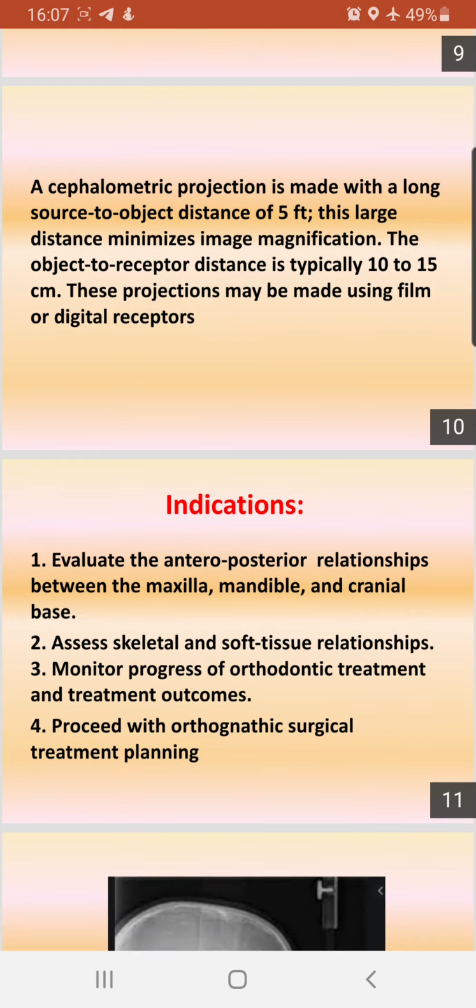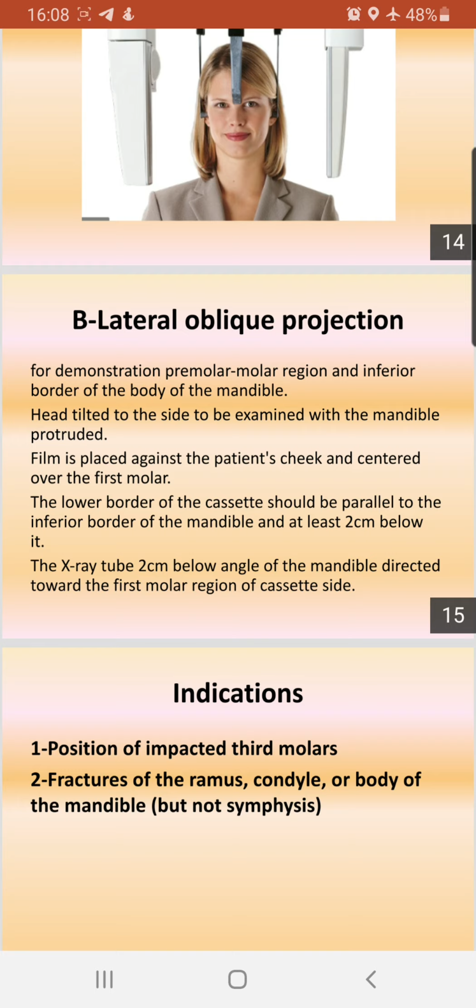Lateral oblique projection for demonstrating the premolar molar region and inferior border of the body of the mandible. Head is tilted toward the side to be examined with mandible protruded. Film is placed against the patient's cheek and centered over the first molar. The lower border of the cassette should be parallel to the inferior border of the mandible and at least 2 cm below it.